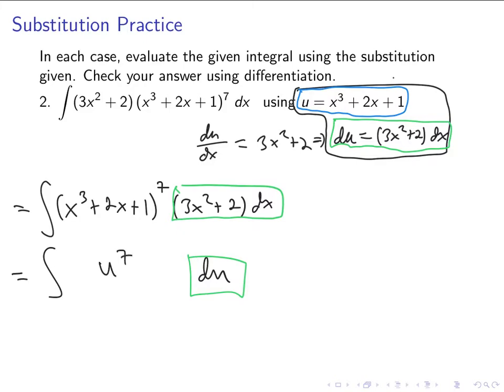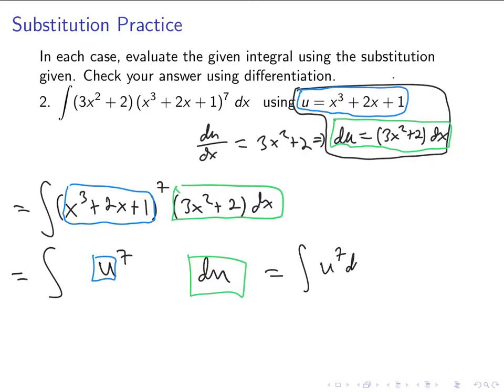So there's x cubed plus 2x plus 1 changes into u. So as before, all that I'm doing is in the integrand, I'm changing things equal for equal, and the things that are equal are the things that are up in my box on the right. And now everything in this integral is in terms of u.